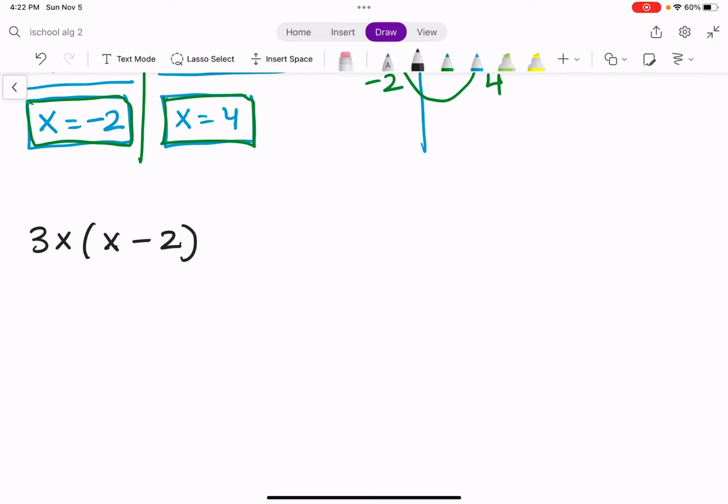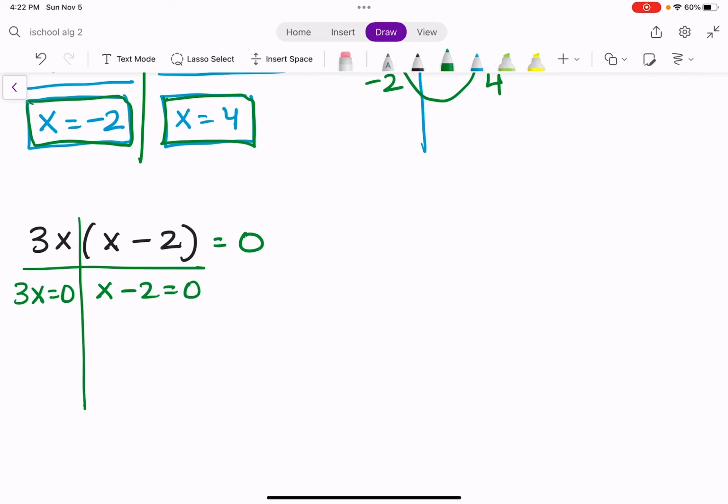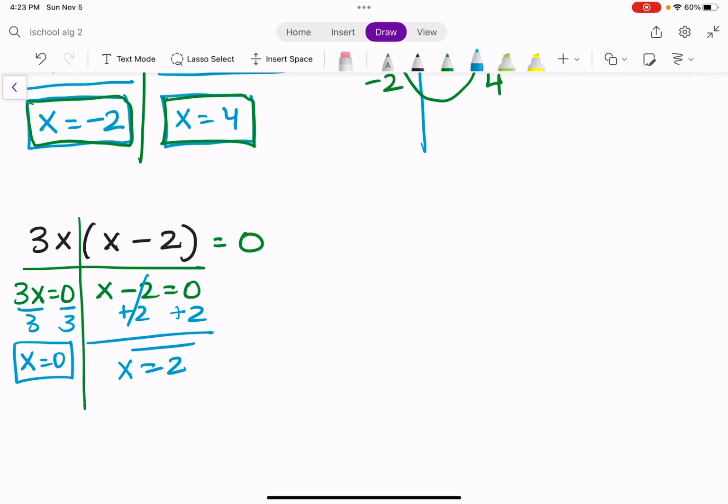Obviously in this question, you took out the GCF. Again, you set it equal to 0, and then you still set each part equal to 0. In this first one, you divide by 3, so we get x equals 0, and then add 2, we get x equals 2. So in this case, there are also two solutions or two zeros, x equals 0 and x equals 2.